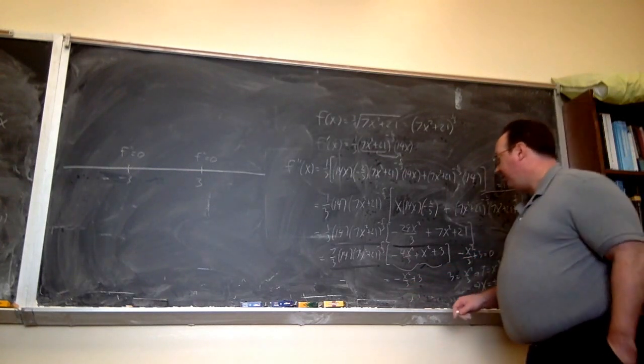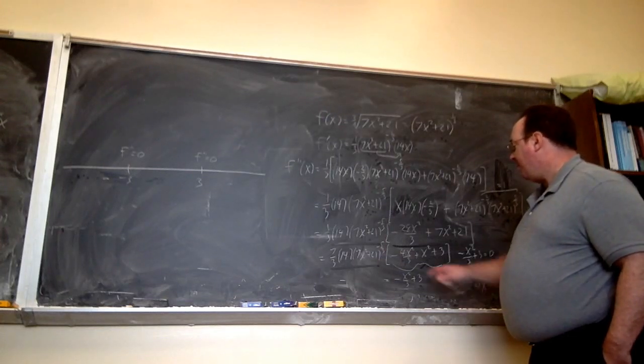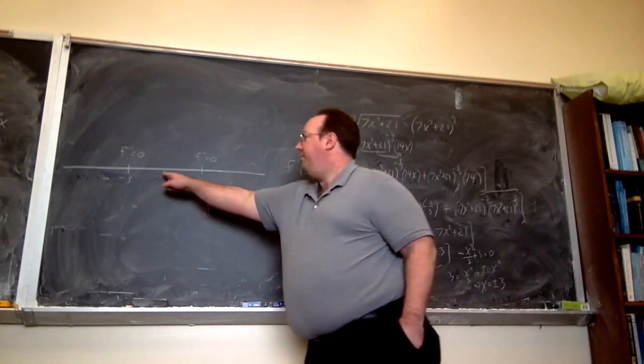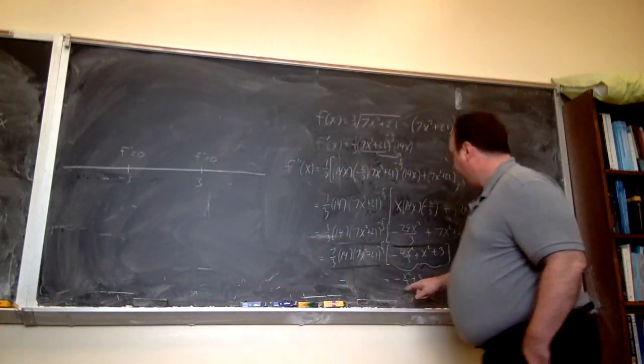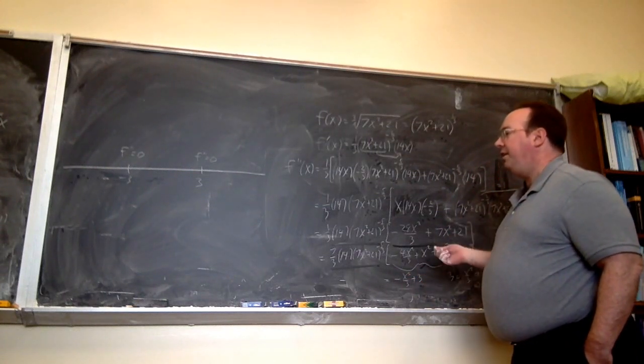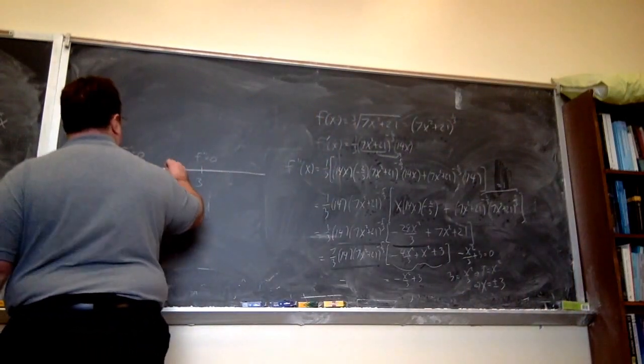So for example, I choose x equals 0, because that is in between my two possible inflection points. So I plug in x equals 0, and I get 3, so the second derivative is positive.